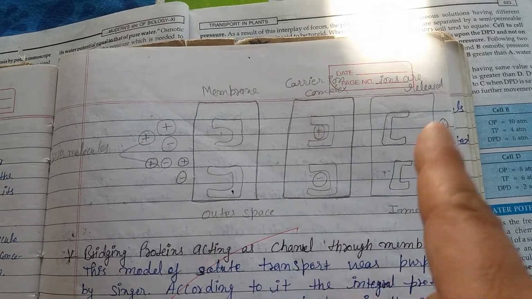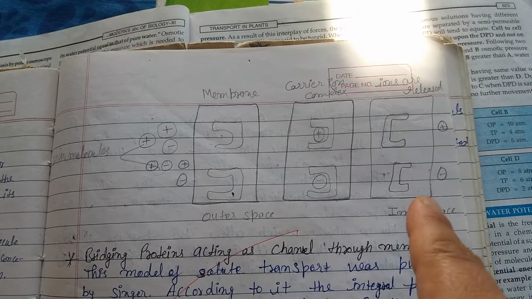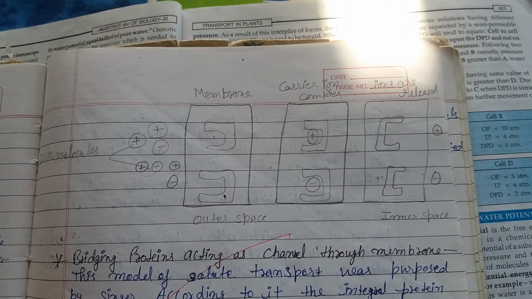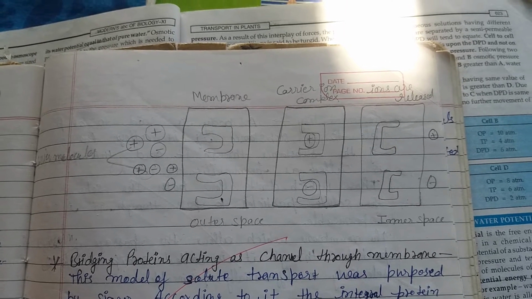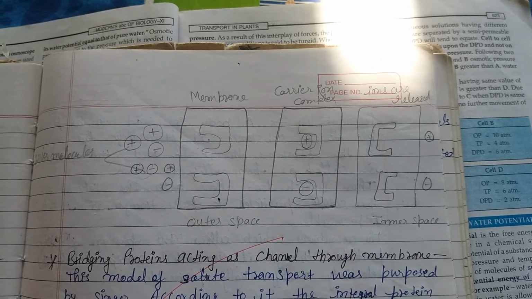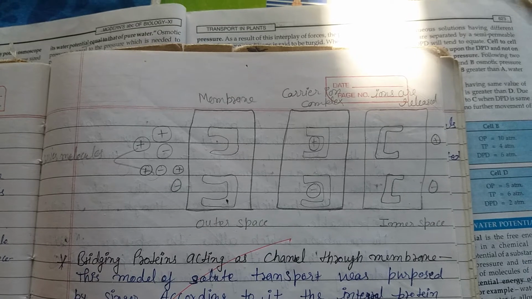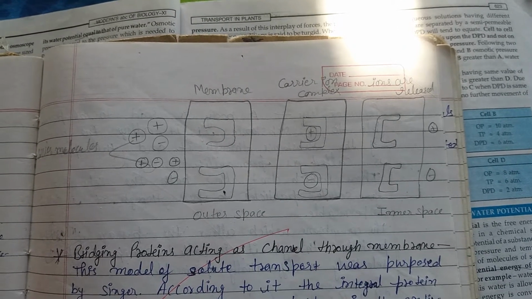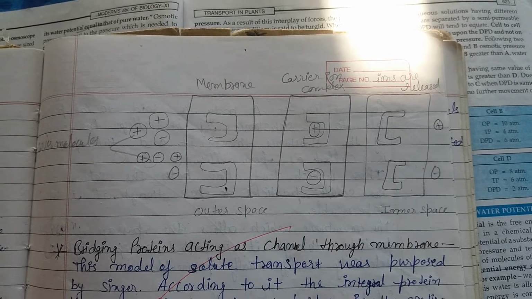After that, the carrier ion complex rotates 180 degrees and releases its ions in the inner space, and again comes to its original position. This is active transport, and in active transport, as I have already told you, it requires energy.